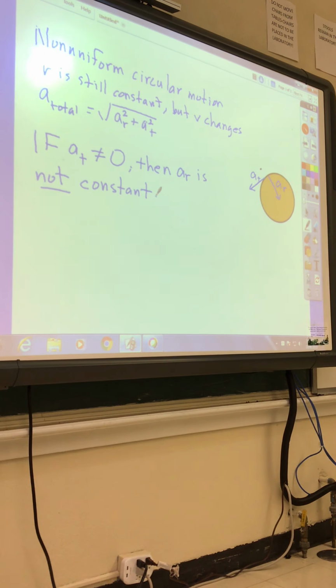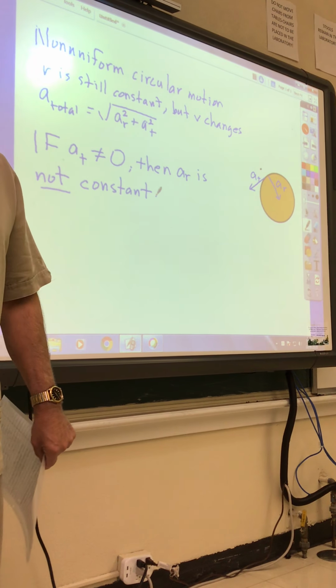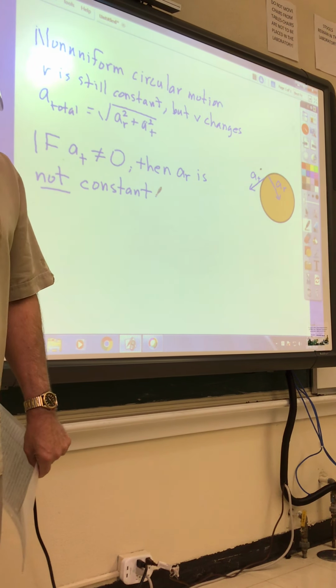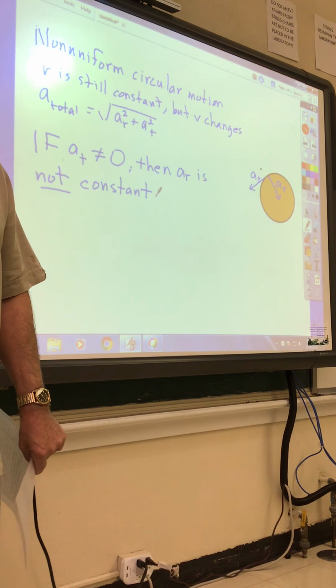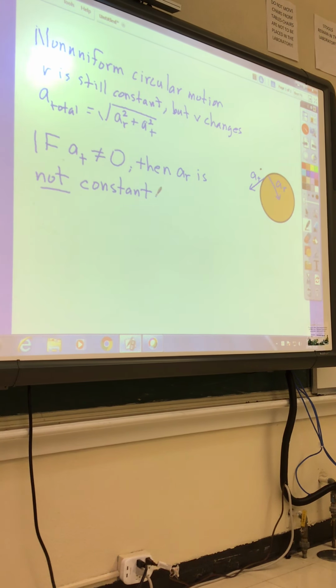And it can either be a positive number or it could be a negative number. So if you've got a wheel going around and the friction slows that wheel down, okay, your tangential acceleration is negative, that is, it's decelerating. Okay, and your radial acceleration is also decreasing.